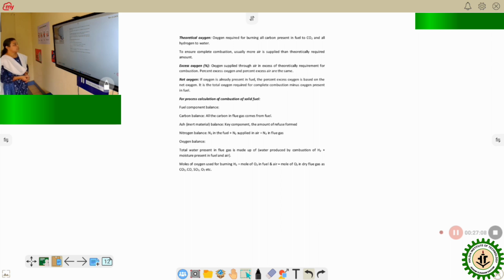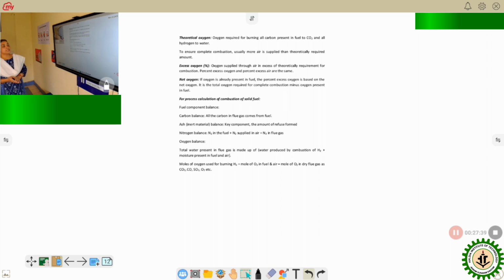For process calculation of combustion of solid fuel, fuel component balances are required for the material balance. First is the carbon balance. In the carbon balance, all the carbon present in the exit flue gas comes from the fuel. Then the S balance, that is the inert material balance.